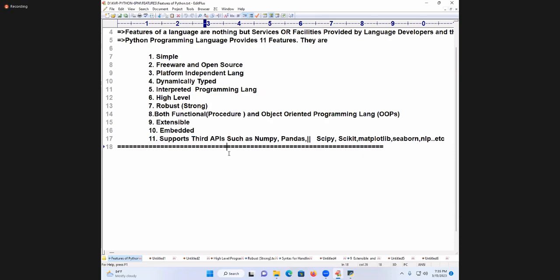So if somebody asks after the class, what is Python? You have to say Python is one of the simple, freeware, open source, platform independent, dynamically typed, high level, robust, functional, object oriented, extensible, embedded, third party API supporting programming languages.